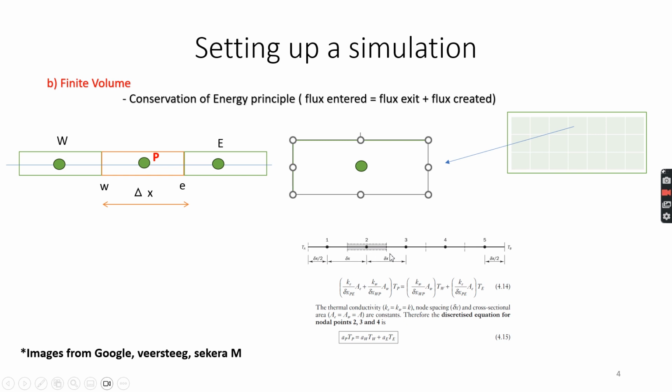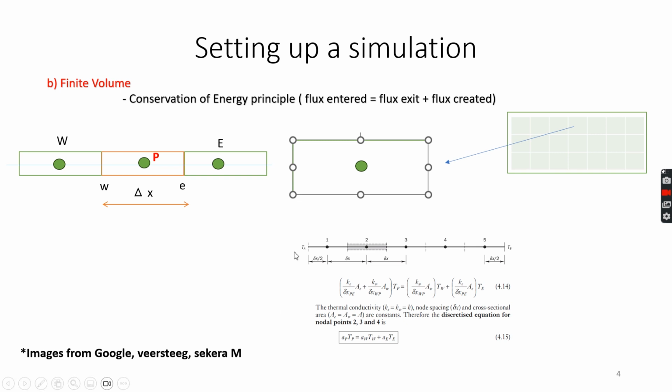Upon writing the equation for this element and continuing to write for all the elements, we achieve a set of discretized equations in algebraic form. So that is the principle over here.